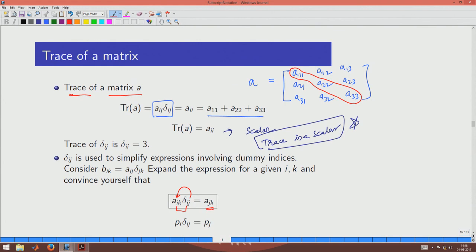Okay. So, the way delta is used is to replace the indices of expressions. So, what we do is basically look at the indices. If delta has two indices, in this case i and j, see which of them is matching with the quantity and then put the other index there. So, this is matching, so then j is used to replace.